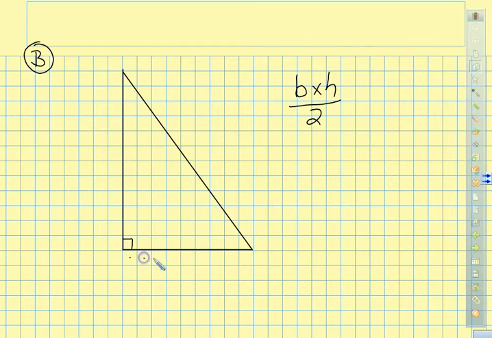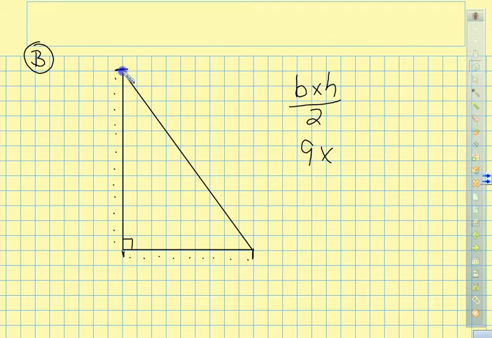So I've got 1, 2, 3, 4, 5, 6, 7, 8, 9 units long. Don't worry about that this is a half. It's not counted as a half. It is how many units long that line is. So it is 9 times my height, which is 1, 2, 3, 4, 5, 6, 7, 8, 9, 10, 11, 12.